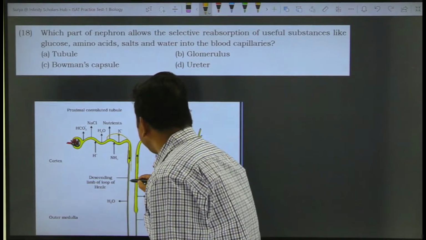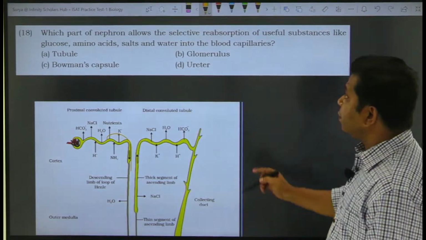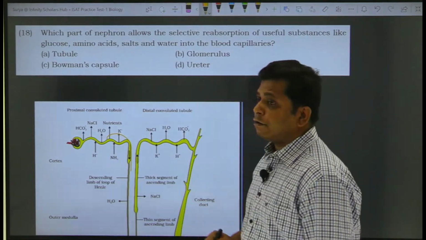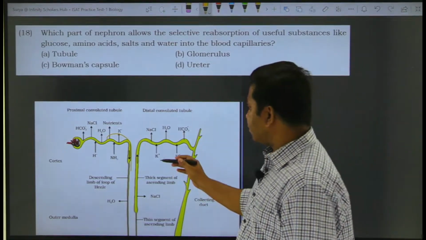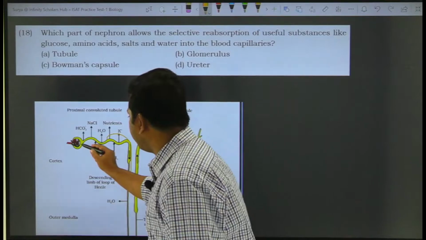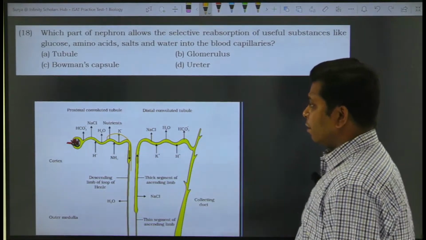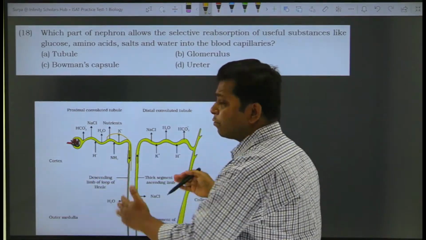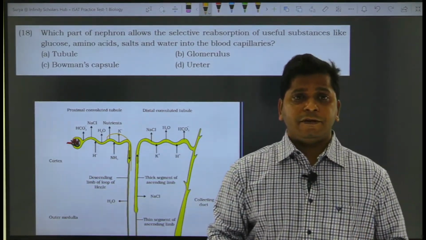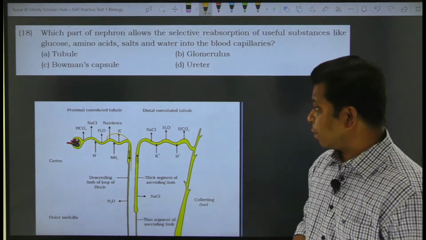So this is the tubular part. The nephron has the Bowman's capsule and the tubules. The tubules can be divided into 3 parts, which is not the point of discussion at this particular juncture.